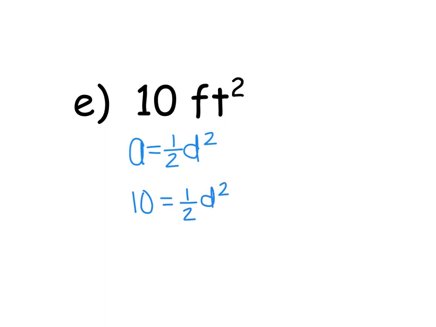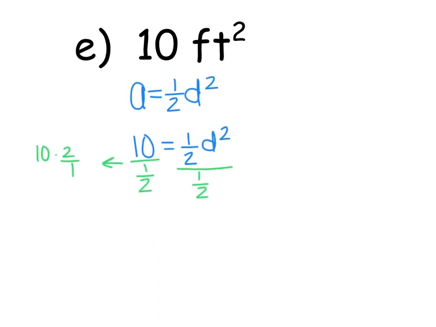A couple choices here. You could cross multiply. You could divide each side by 1/2, which is the same as keep, change, flip, so multiplying by 2. So you get 20 equals d squared.